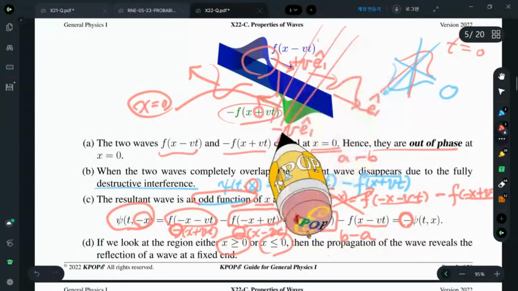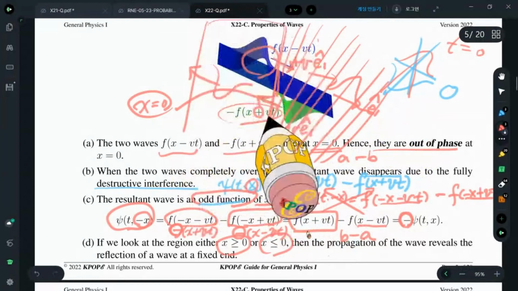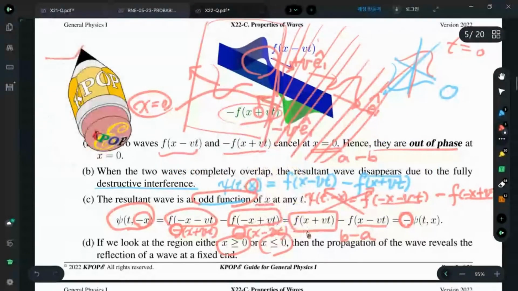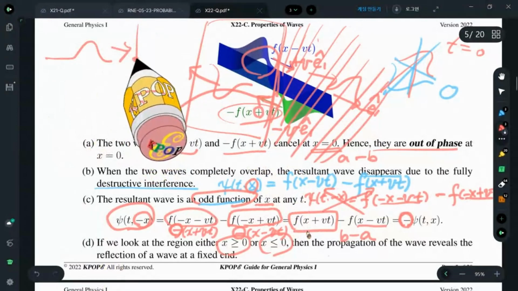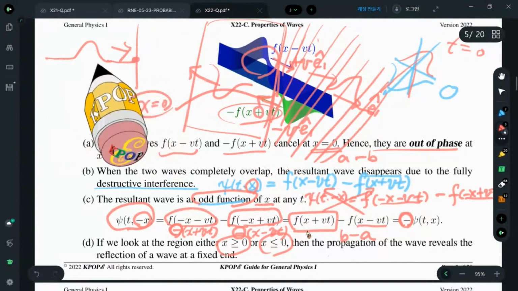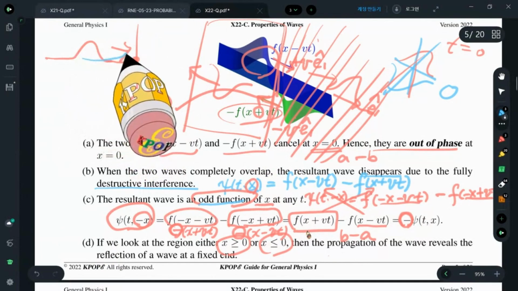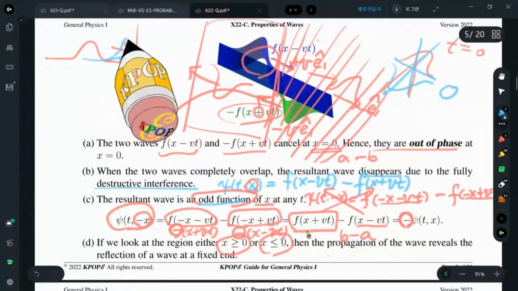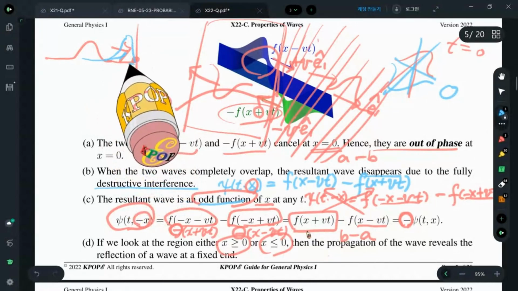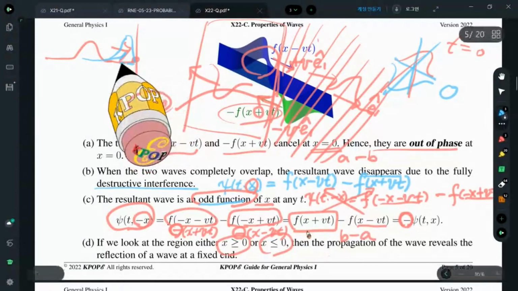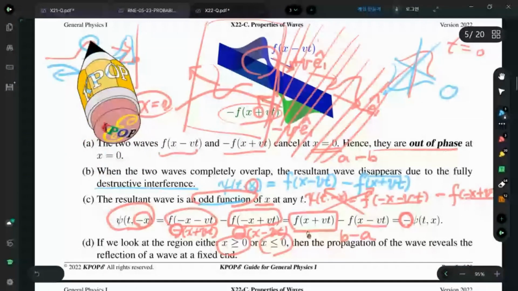So if I just remove this part and look at the left part only, then this wave is coming in, and there is a fixed point where the wave is always zero, and then finally after that the reflected wave is flipping the direction.